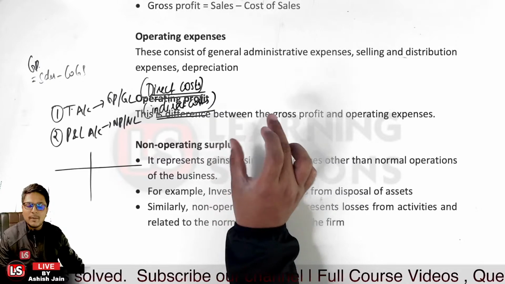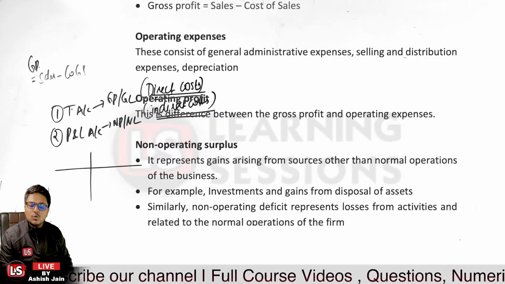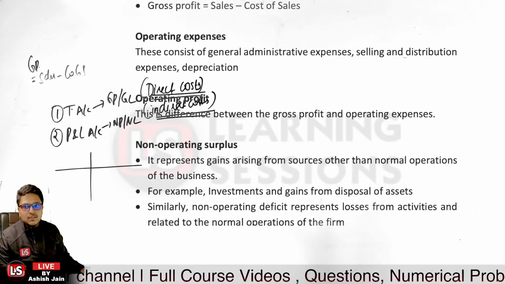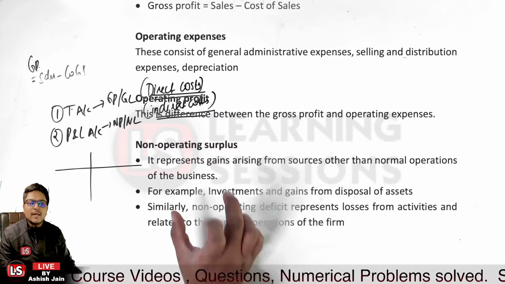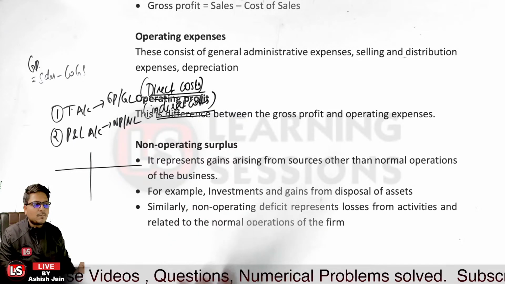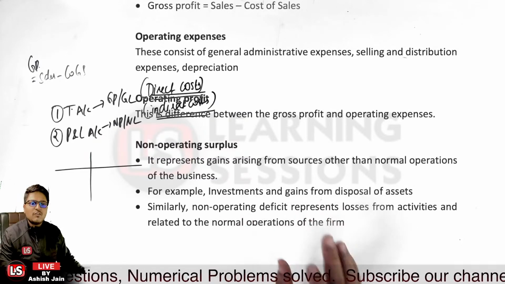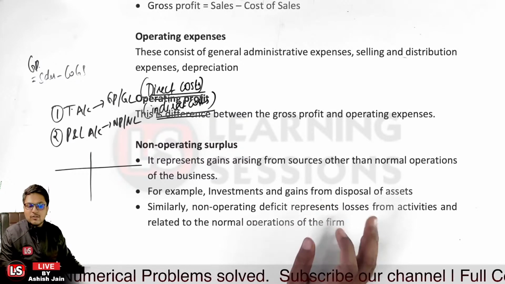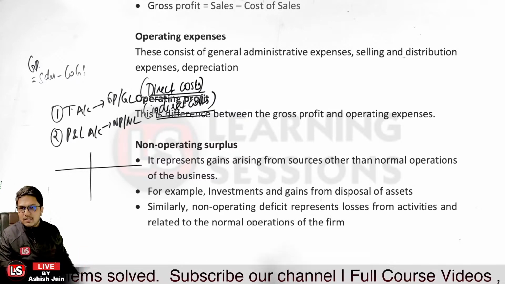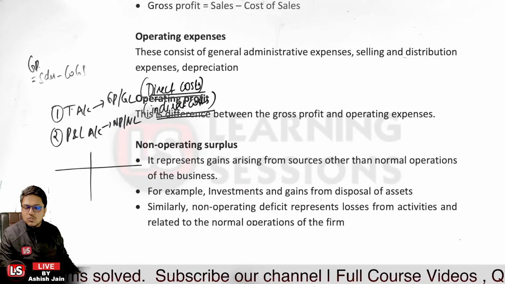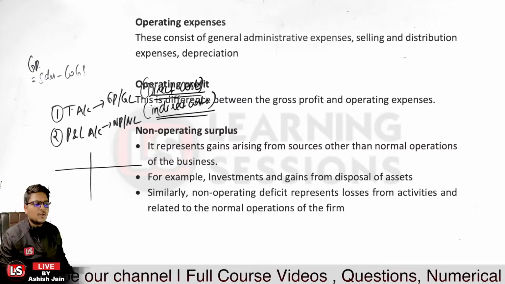Other than that, if I also invested money into some shares and generated a profit from that, that would be my non-operating surplus. So whatever securities you have invested into, if you dispose of those assets or securities, whatever amount you earn out of it will form the non-operating surplus.